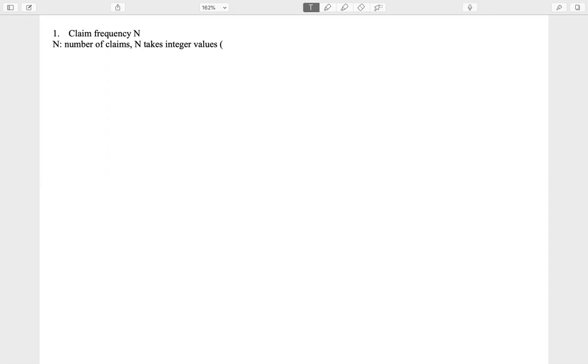So let me say, either N equals 0, 1, 2, all the way to a small number n, which can be, let's say, the cap of your risk pool, or N from 0, 1, 2 goes to infinity.